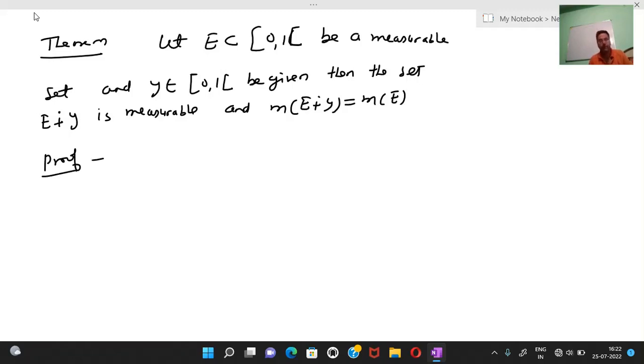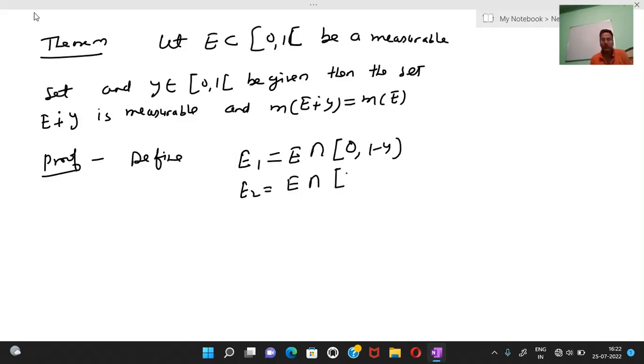For this, we define E1 equal to E intersection [0, 1 minus y), where 1 minus y is an open end, and E2 equal to E intersection [1 minus y, 1), with 1 open.